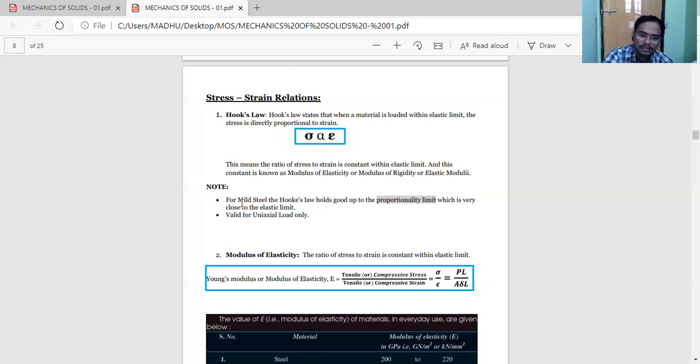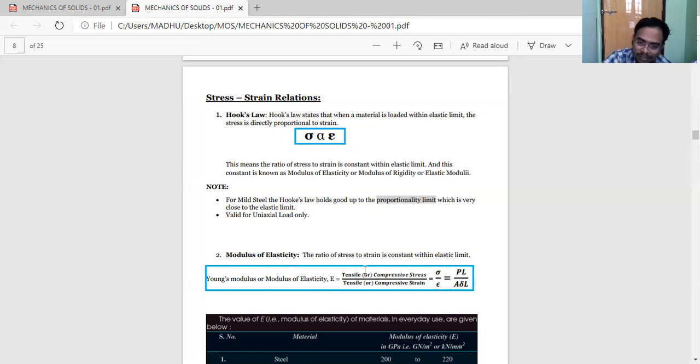Some note is given here. For mild steel, Hooke's law holds good up to the proportionality limit, which is very close to the elastic limit. It is valid for uniaxial loads only. And modulus of elasticity comes from the same relation. Stress is proportional to strain, and this proportionality is substituted with a constant, that is E, modulus of elasticity, or Young's modulus.